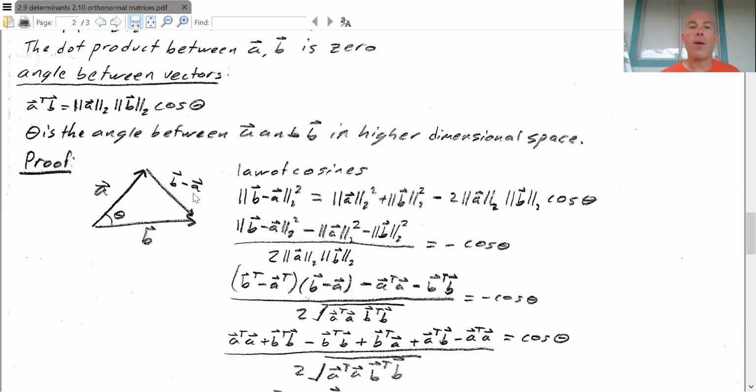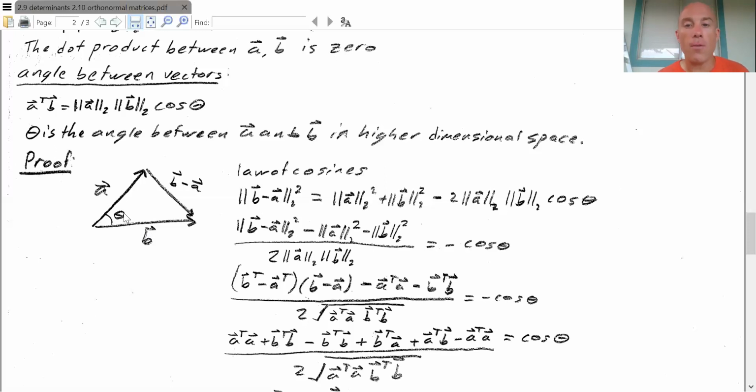If I look at this, that's a triangle. I see an angle, an opposite side, and two adjacent sides. I know all sides and I know one angle, so I can use the law of cosines. The length of this part squared is equal to the length of this squared plus the length of this squared, minus 2 times the lengths times the cosine of that angle.